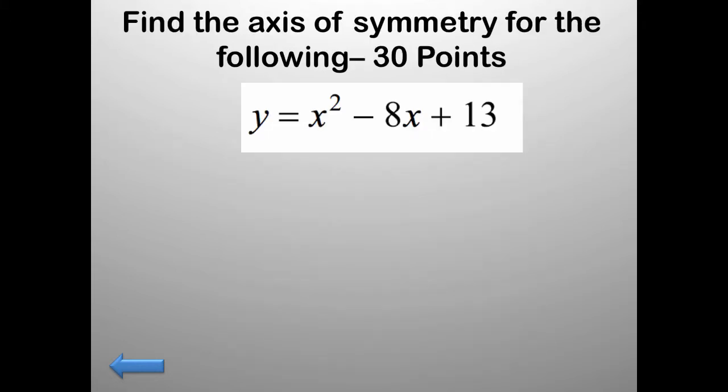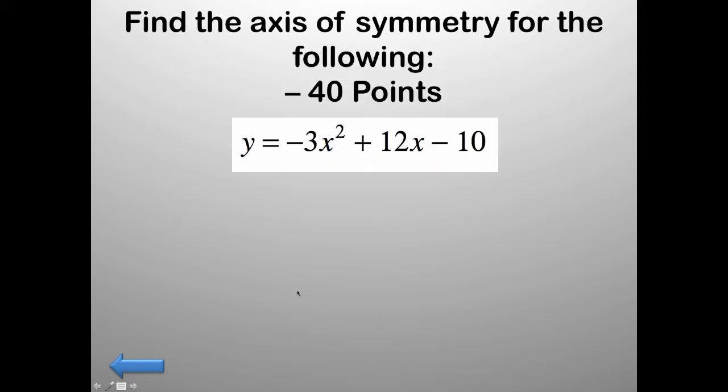In this case, you have to use the formula opposite b over 2a because it is in standard form, where a has that invisible 1. When you use this, you should get 4. In this process, again, axis of symmetry, we then get 2.